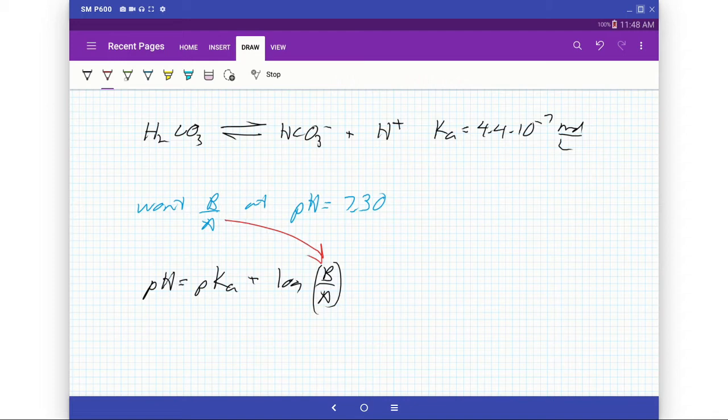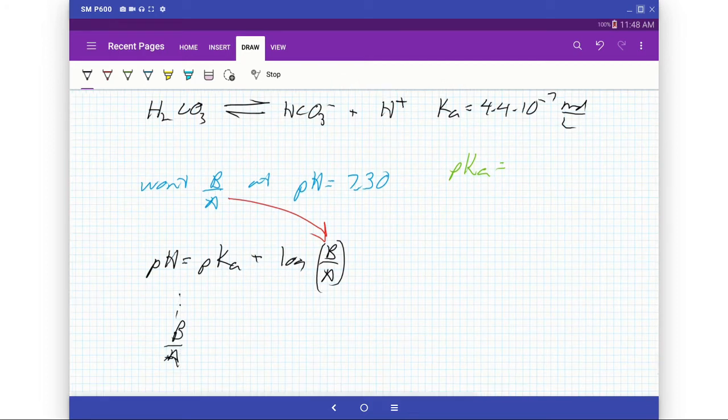So I would like you to determine the pKa and then come back and work out what the base to acid ratio is for this system. Please go ahead and do that, and just type the response into the chat.